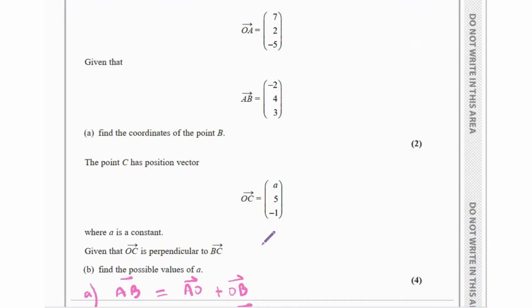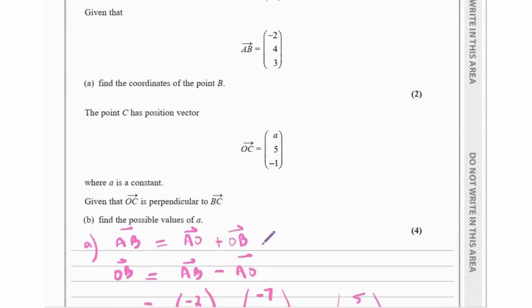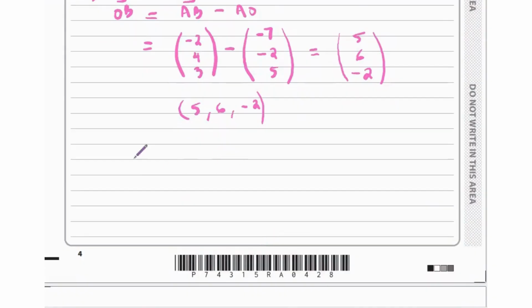And when it says that two vectors are perpendicular, that means the dot product of those two vectors is going to be equal to 0. So let's begin with finding vector BC first, and then we use the dot product. BC is going to be OC minus OB.